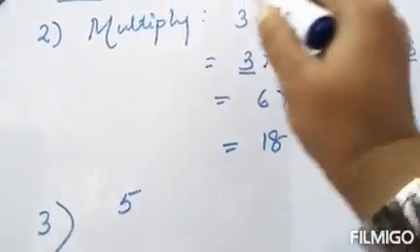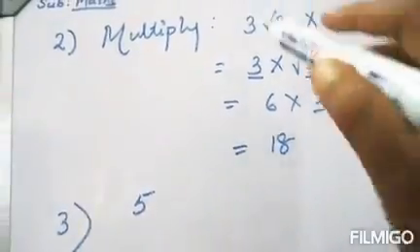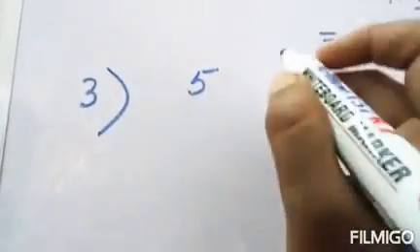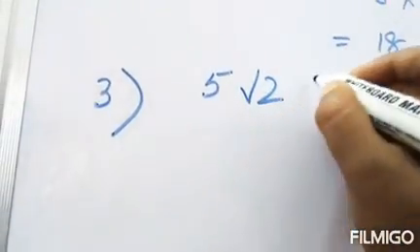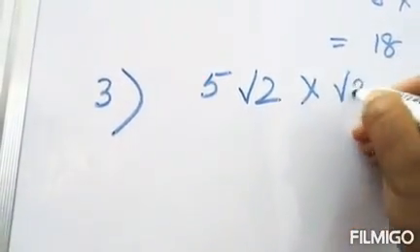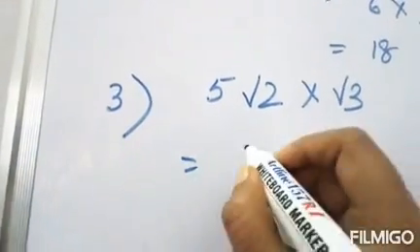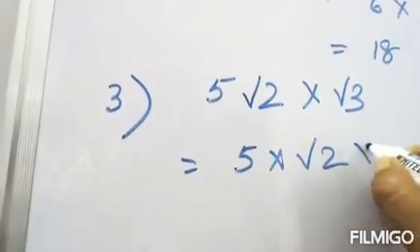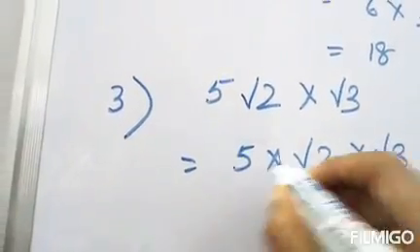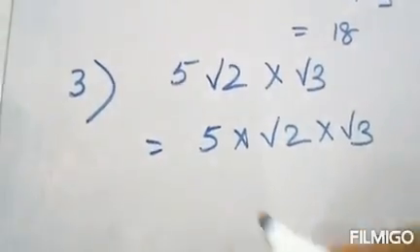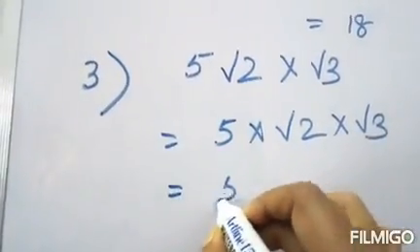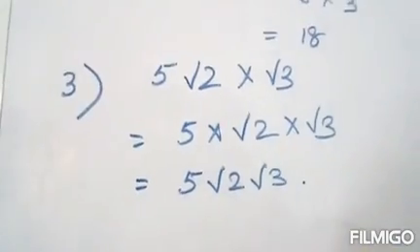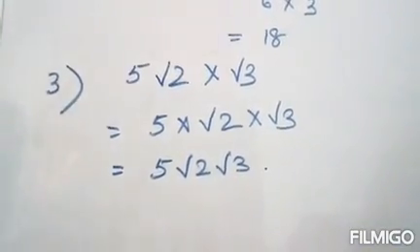So when I am getting this, I am getting one irrational number only. Understood? Now next problem. Suppose I am given 5 root 2 into root 3, which means what? 5 into root 2 into root 3. Now can this be solved? No. So we will simply write 5 root 2 root 3. Understood?